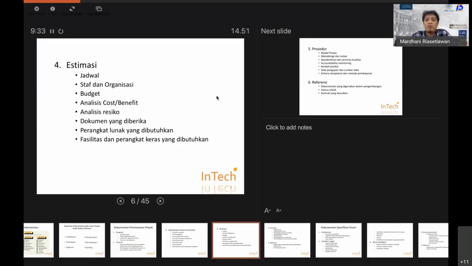For example, if you have a huge budget, is it compatible with the value that you want to gather in the product or not, something like that? And then you need to look at the analysis of cost and benefit too, and the analysis of risk, and then what kind of documents are brought by your user or customer, and whether this is helpful for you to develop your solution or not.